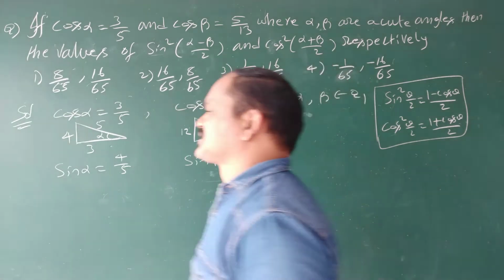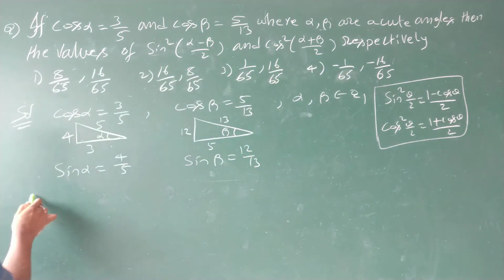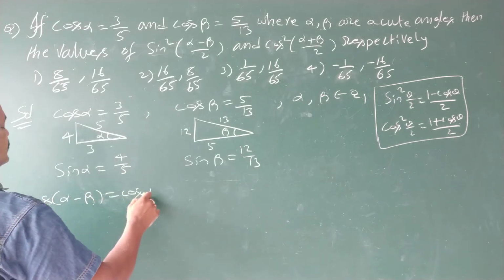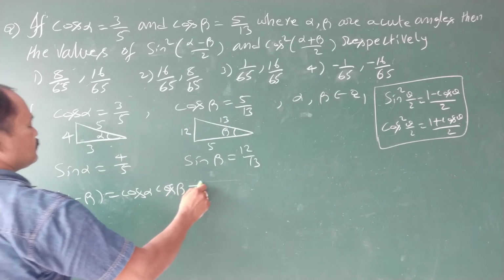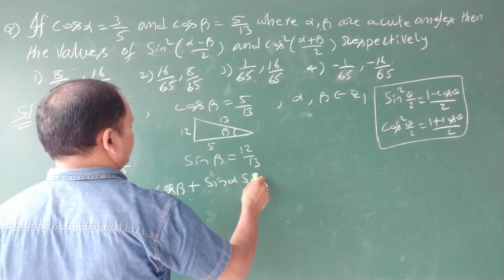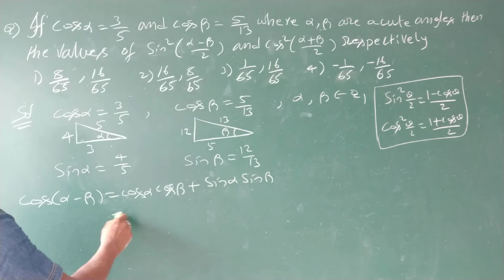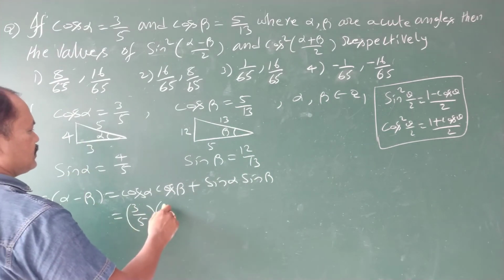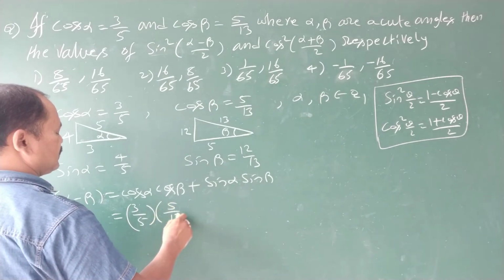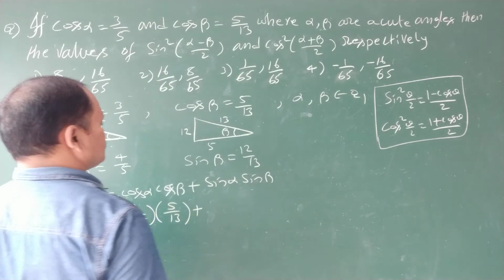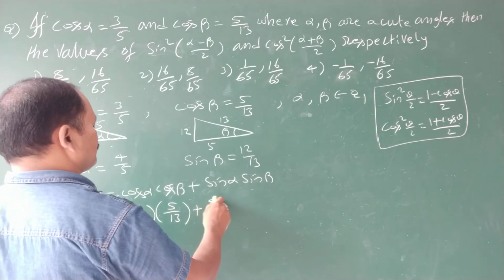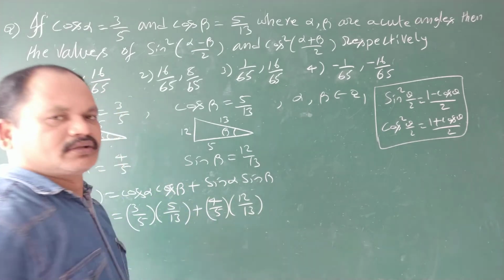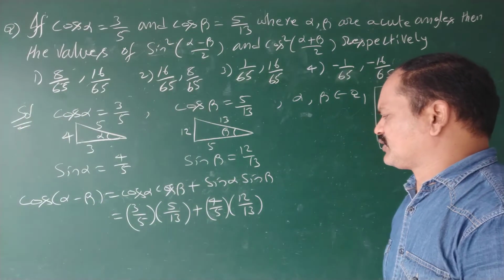Now to find cos alpha minus beta: cos alpha minus beta is equal to cos alpha cos beta plus sin alpha sin beta. Now substitute here. Cos alpha is 3 by 5, cos beta is 5 by 13, plus sin alpha is 4 by 5 and sin beta is 12 by 13. Now from this we have to find.